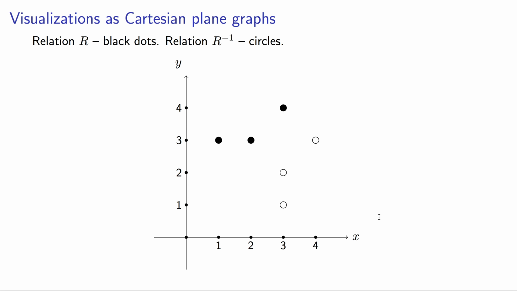Now, for the same relation, let us consider visualization as a Cartesian plane graph. The black dots constitute the graph of the relation R. The relation R inverse is comprised of the ordered pairs represented by these circles.